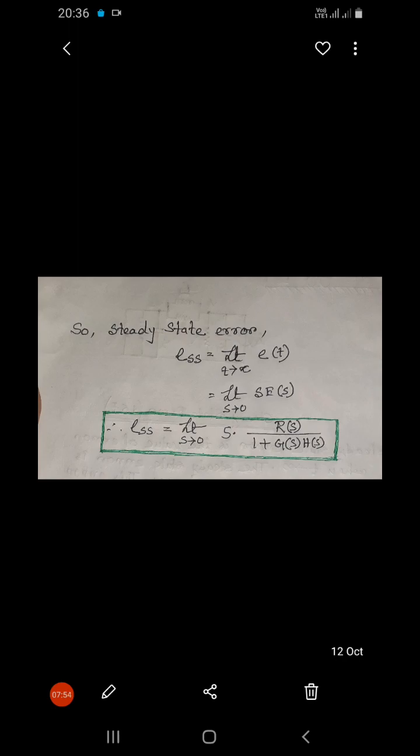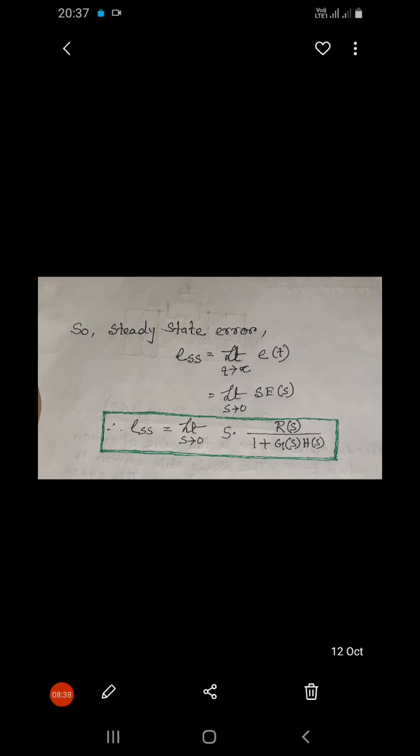We get the final value of the signal as E_ss equal to the limit as s tends to 0 of sE(s). According to the final value theorem, steady state error E_ss is equal to limit s tends to 0 of sE(s).